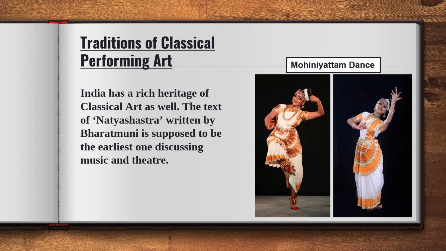They are Shringar, which means love, Hasya, which means humor, Bibhasta means repulsion, Raudra means terrible, Karuna, which means sad, Veer, which means heroic, Bhayanak, which means fearful, Adbhut, which means wondrous, and Shant, which means peaceful. These terms are basically taken from the Sanskrit script.